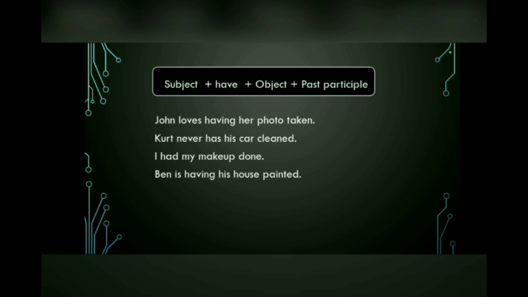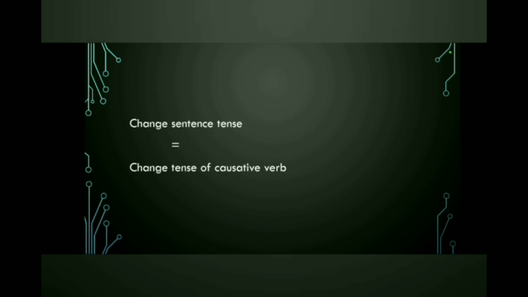We might also not say who performed the action because it isn't important. This is the same as when we use passive voice. To change the tense of sentences, you only have to change the tense of the causative verb.